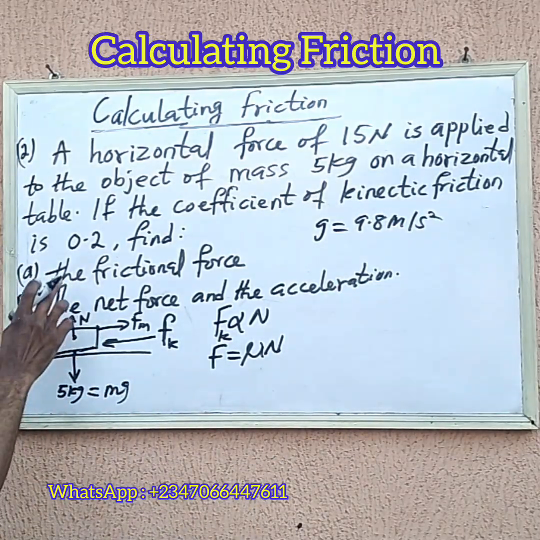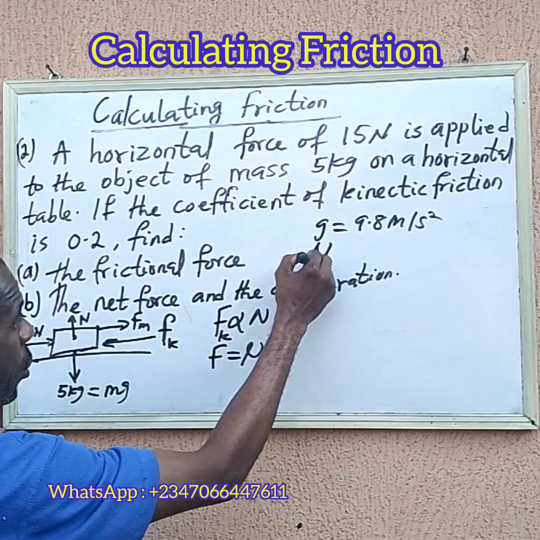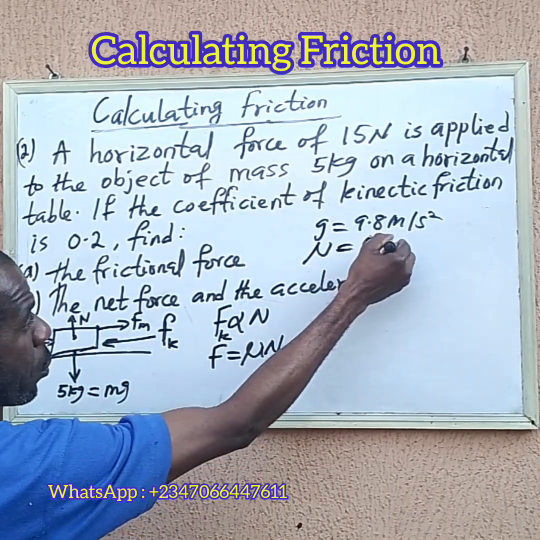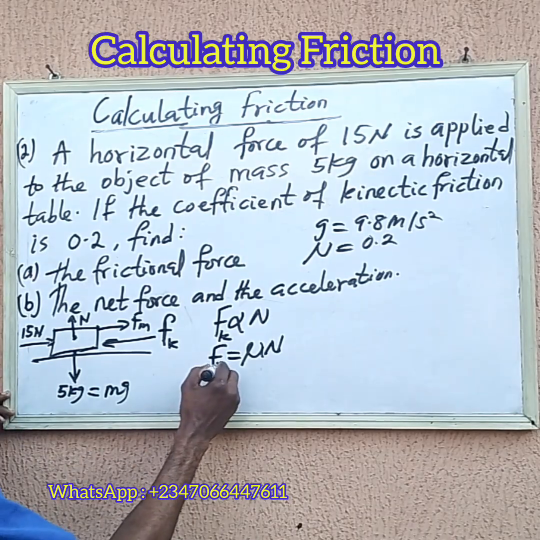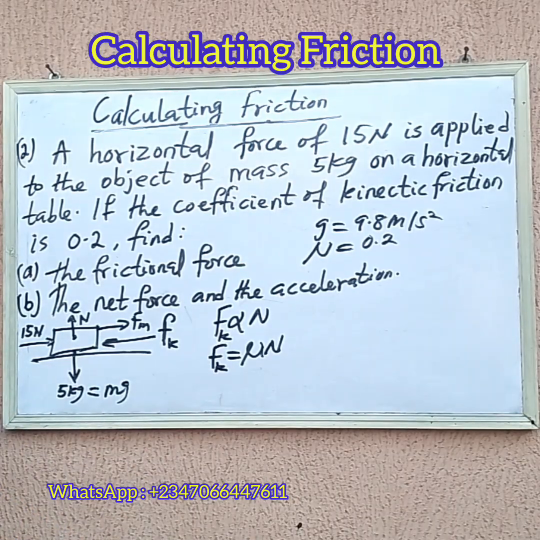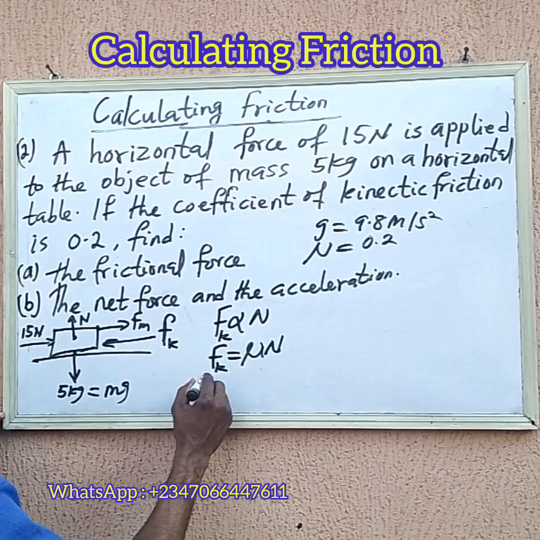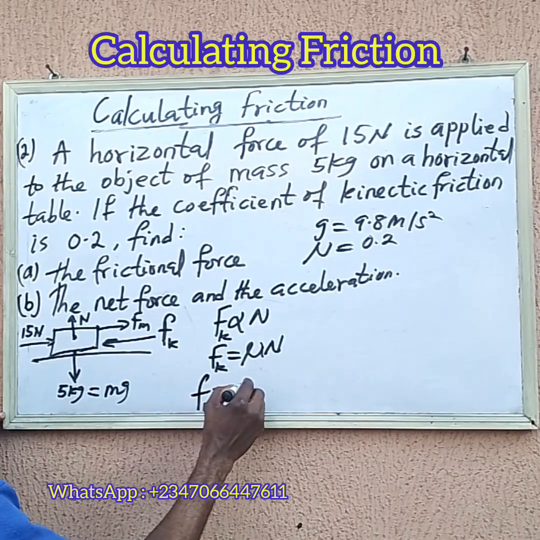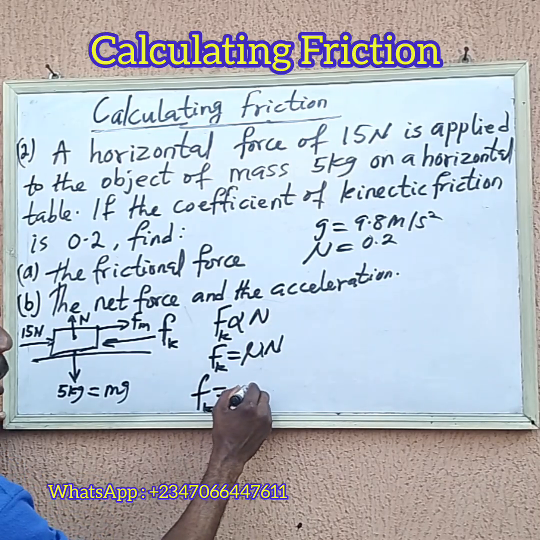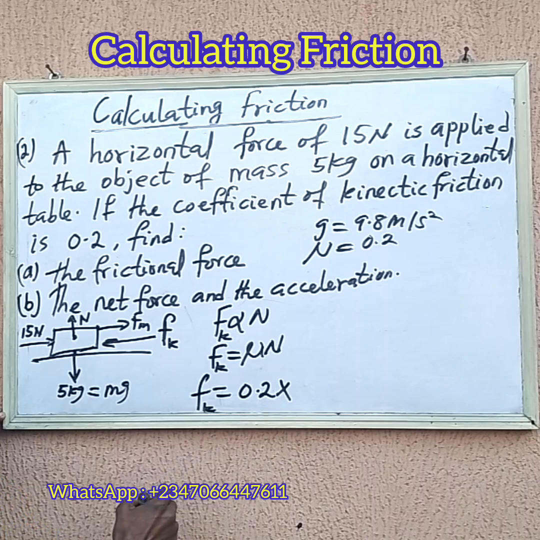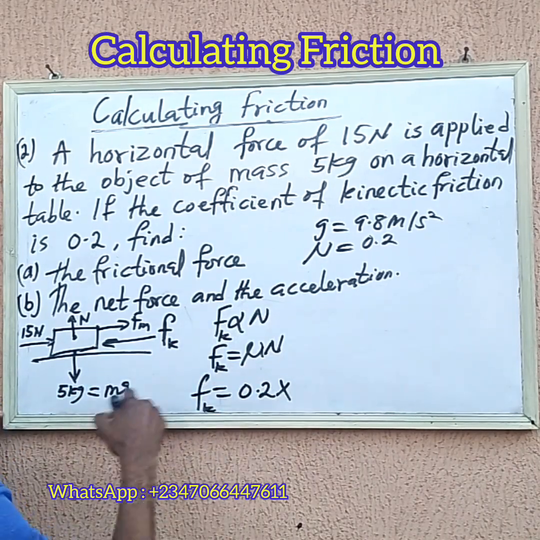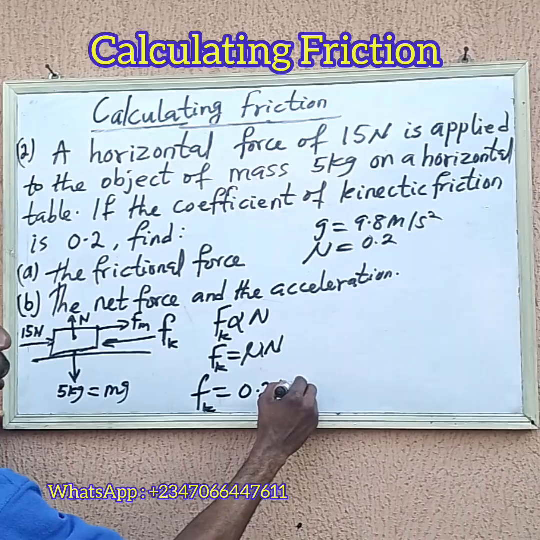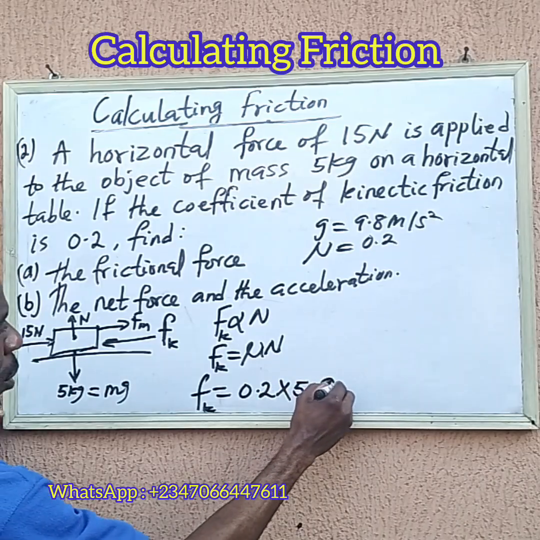From the question, we are given that the coefficient mu is 0.2. Now let us first get F kinetic, the kinetic frictional force. F is equal to 0.2 times the normal reaction, which is mg, 5 times 9.8.